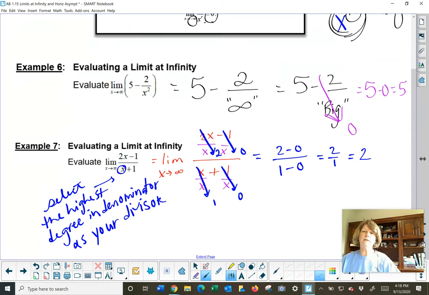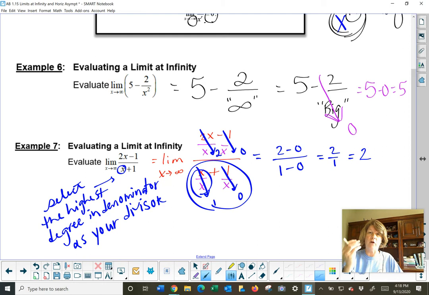Why would you choose it from the bottom? Because I do not want my denominator ever to go to 0. So if I choose it to be from the bottom, it is not going to go to 0 then, because I'm choosing the very highest degree in the bottom, and I'll always get at least 1 then as a number.